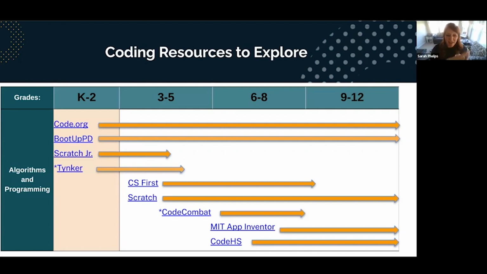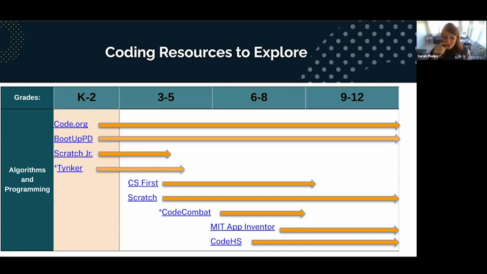We've got Tinker. Actually, I think Tinker goes all the way up to 8th grade. CS First and Scratch are ones that you can start with in the middle grades. Just because they start at middle grade doesn't mean that they're not for beginners. It's just that the interface has a little more text, so your kindergartners are going to benefit from those K-2 resources because there's less to read. We've got Code Combat, MIT App Inventor, Code HS.